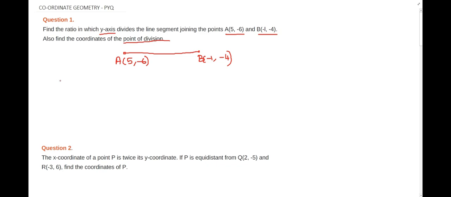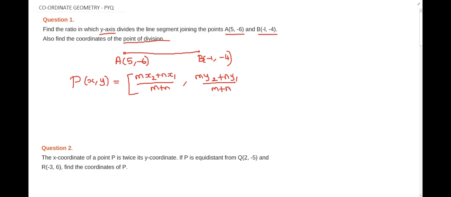Initially you should apply the section formula. P(x, y) is equal to (mx2 + nx1)/(m + n) and (my2 + ny1)/(m + n). Here the given statement is y-axis, so just consider the x value will be 0.